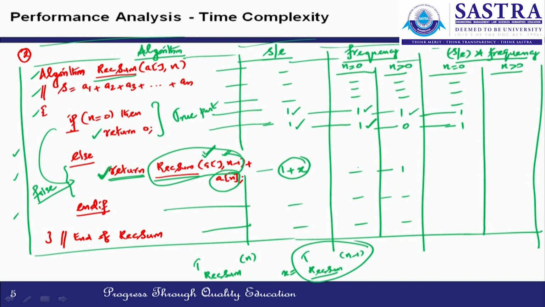That means here a hyphen is introduced, which means 0, since when n is equal to 0, this else block is not executed. So, put 0. So, 1 plus x into 0, this is 0, here hyphen, here hyphen.